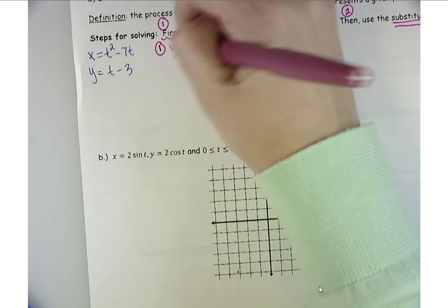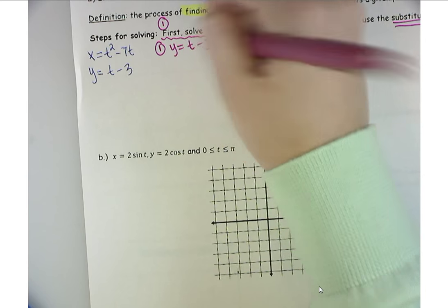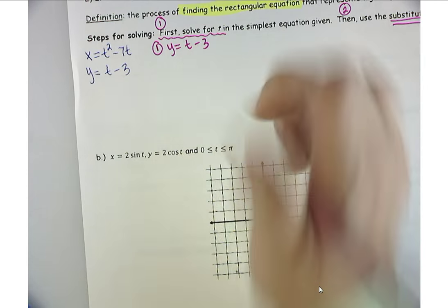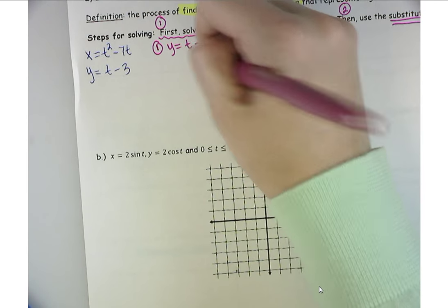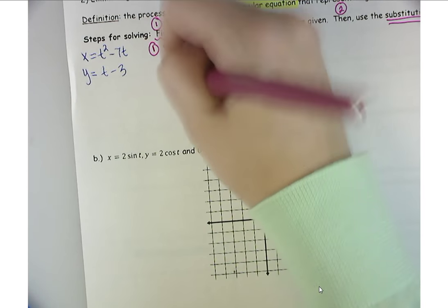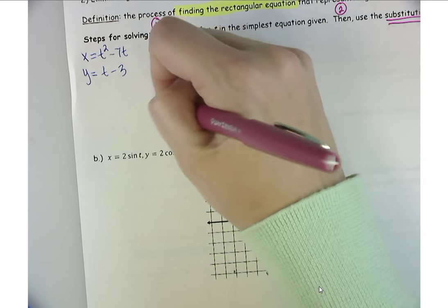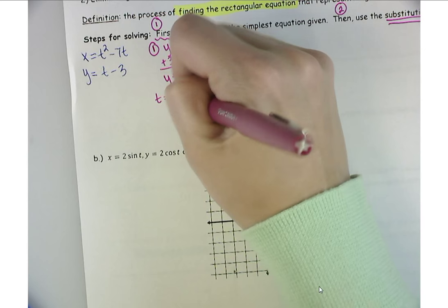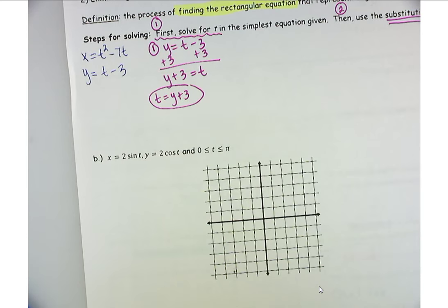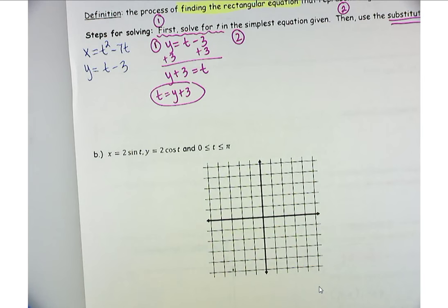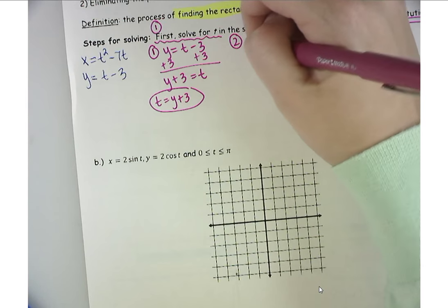So for step 1, you're going to have y equals t minus 3. Now if you're going to solve that for t, all you have to do is add 3 to both sides. Okay, so now we have t equals y plus 3. That's your first step. And then you go to step 2. So in step 2, you're going to substitute into the second equation.